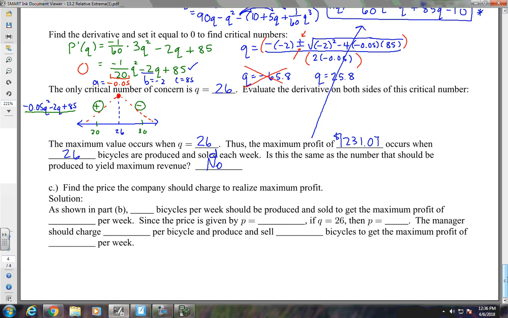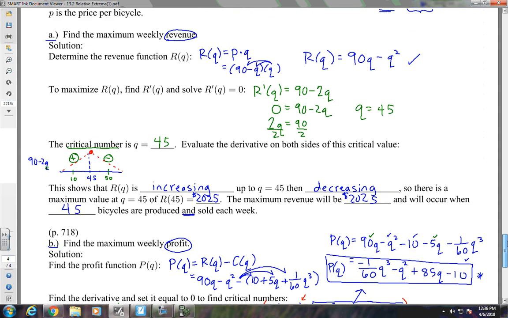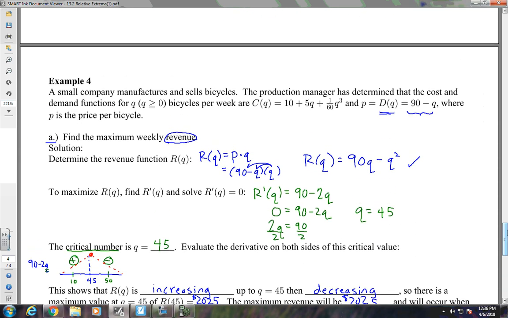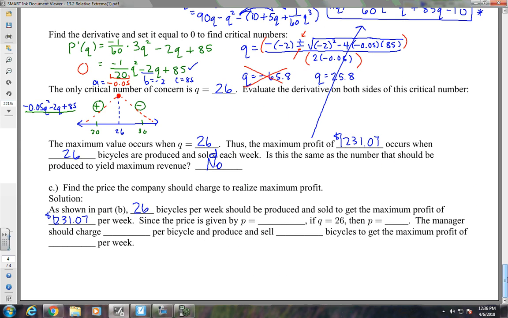So find the price the company should charge to realize maximum profit. As shown in part B, 26 bicycles per week should be produced and sold to get the maximum profit of $1,231.07 per week. Since the price is given by, now remember the price was up here in the original problem, it's from our demand function, it's determined by 90 minus Q. The Q that we're looking at here is 26 bicycles.